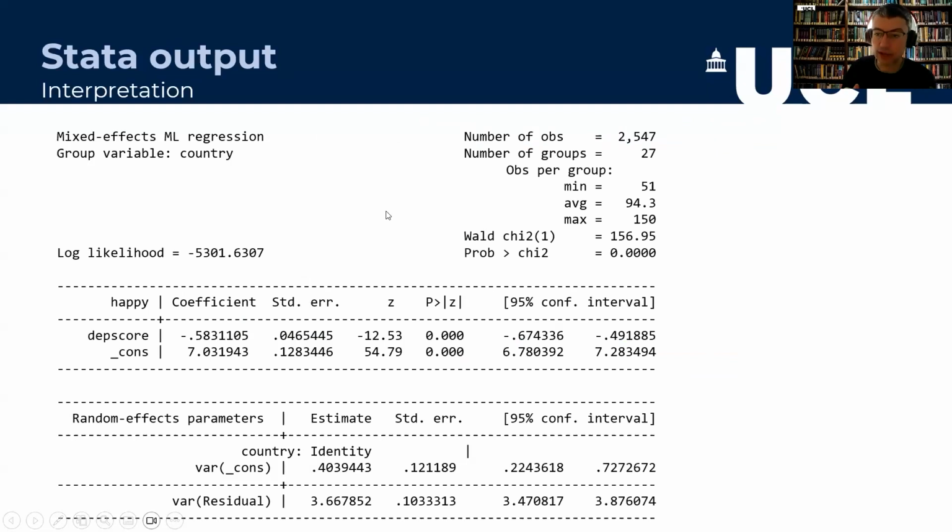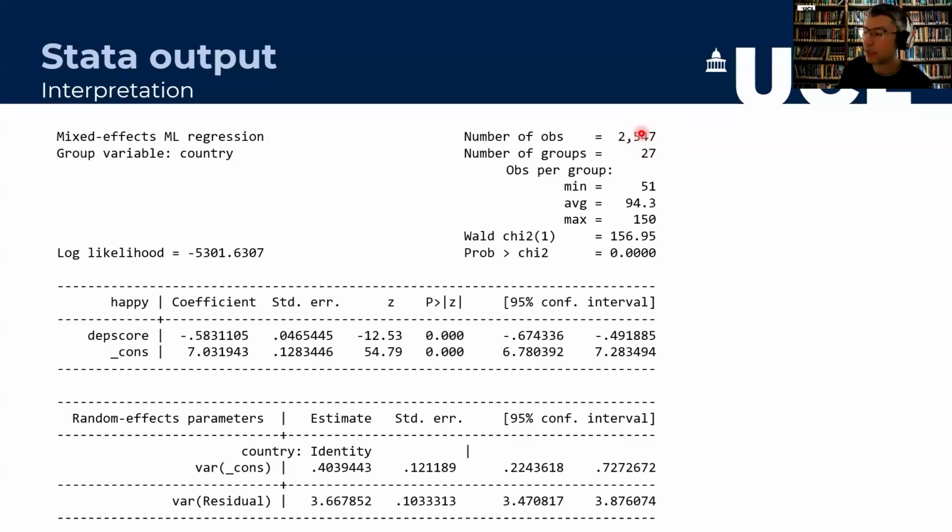So what Stata is going to give us is these outputs. We will now go through the interpretation of these outputs and roughly see what we have observed and how we interpret all of this. The first thing here, you can see that there are 27 countries, as I mentioned before. So we have about 27 countries here with roughly 2,547 observations.